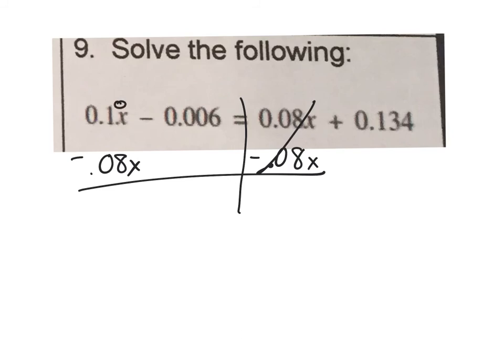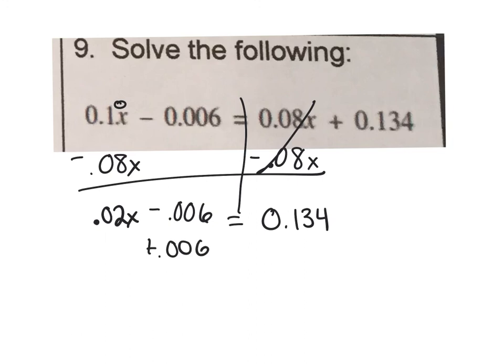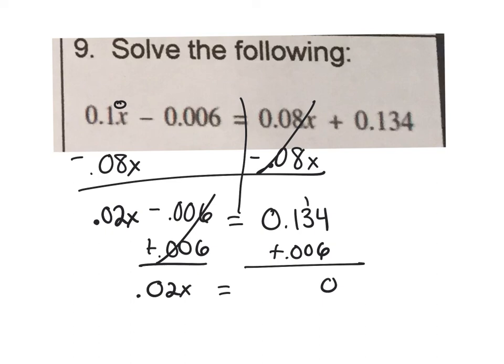So think of it as 10 minus 8, which would give you the 2/100 x minus, and then we're going to rewrite this decimal, equals the 134 thousandths. So we're going to add the 6 thousandths to this one. These will cancel, and we are left with the 2/100 x is equal to, and then that would be 10, 4, 1, bring your decimal down.